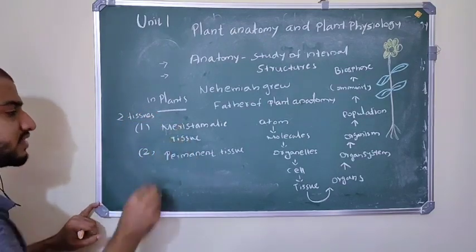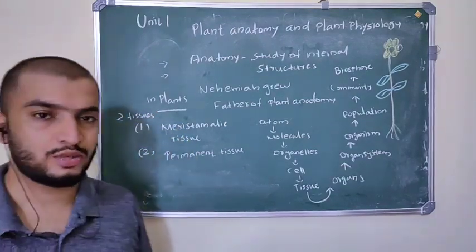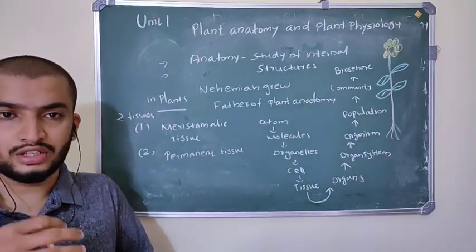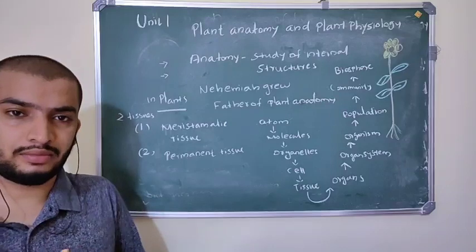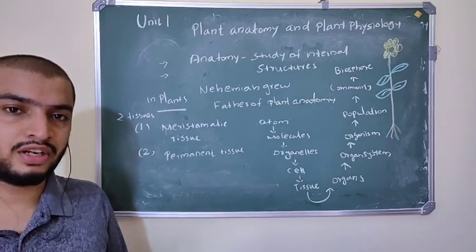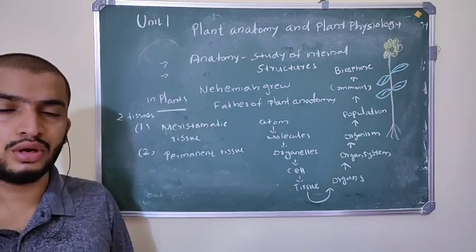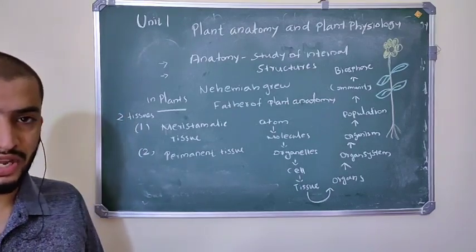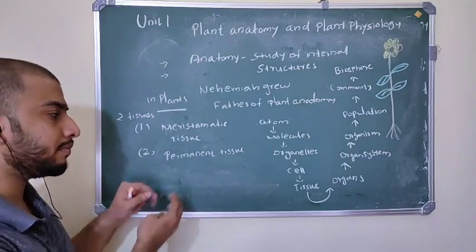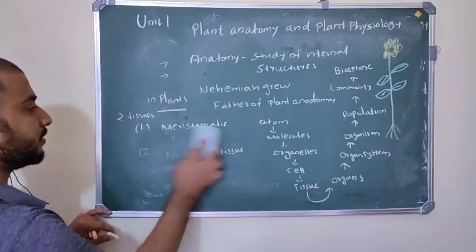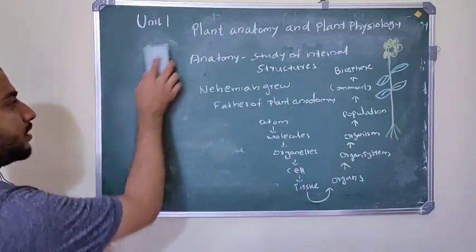What are those? Meristematic tissue and permanent tissue. Meristematic tissue, these are tissues whose cells are actively dividing all the time. And permanent tissues like parenchyma, collenchyma, sclerenchyma, and vascular tissues like xylem and phloem come under permanent tissue. We will study them in more detail in coming classes.